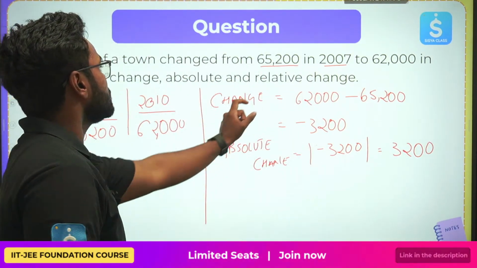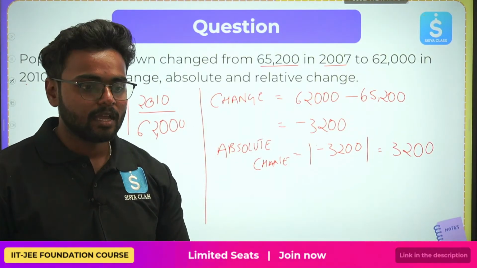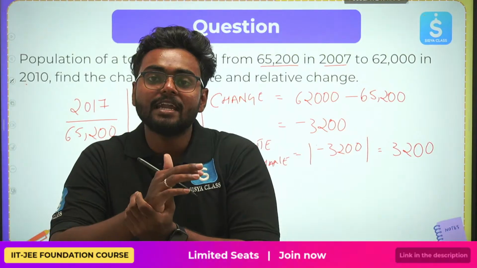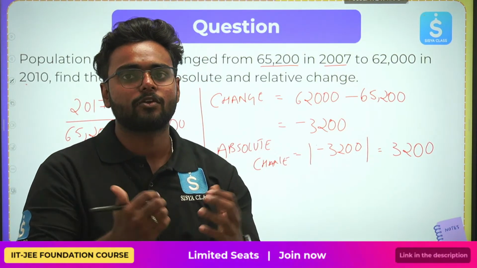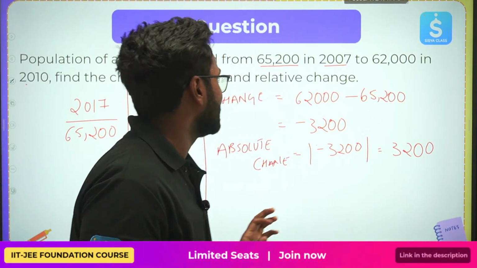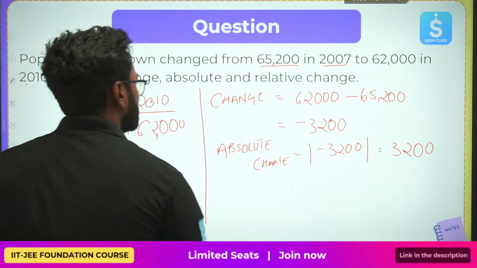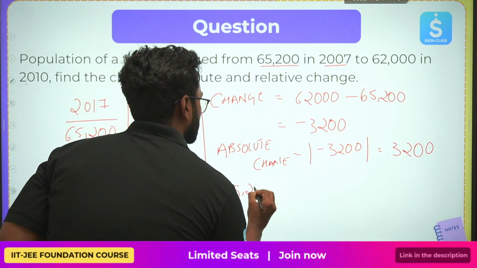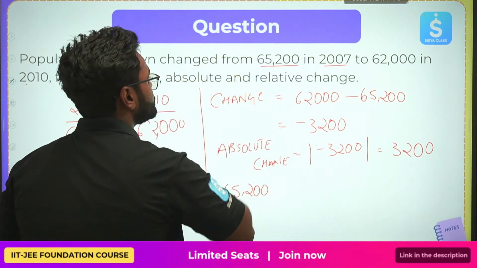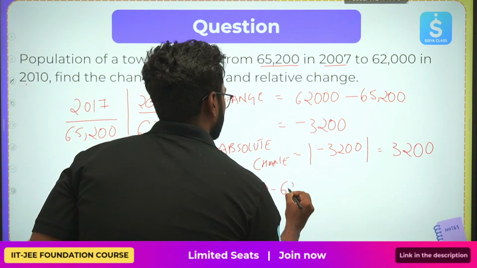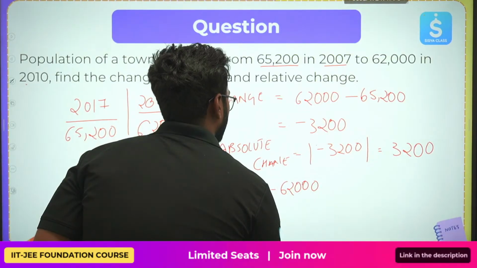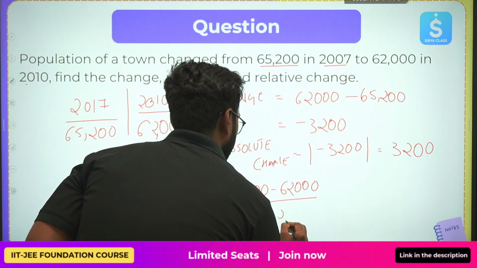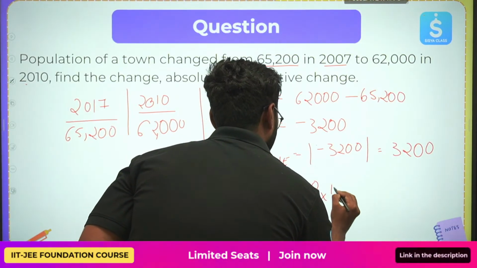Now finally coming to relative change. How can we do it? If we subtract the original value from the present value, divide it by the original value, and multiply it by 100, we'll get the percentage relative change. This should be 65,200 minus 62,000 upon the original, which was 65,200, into 100.